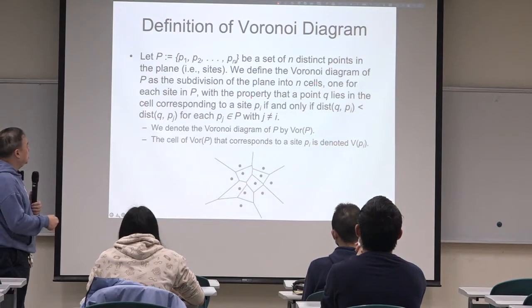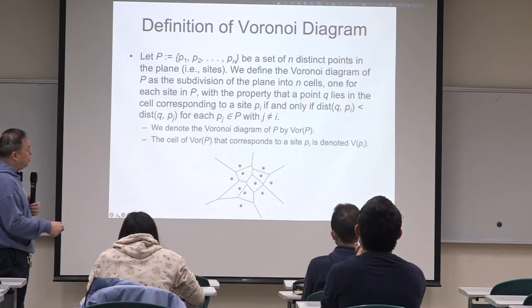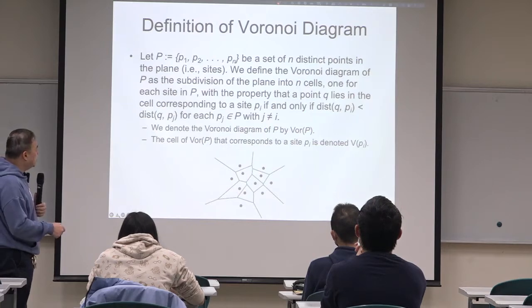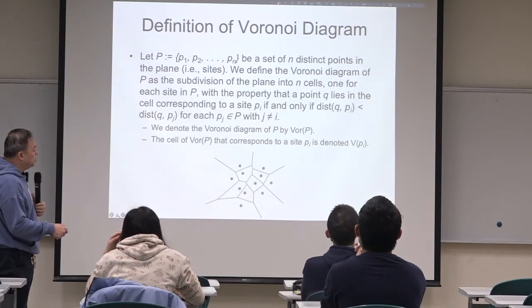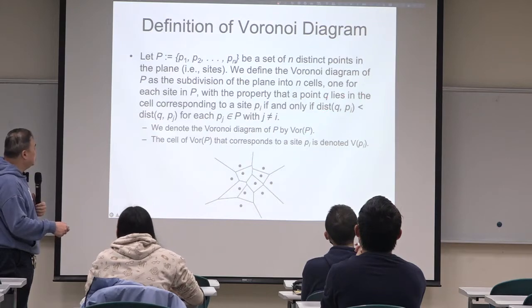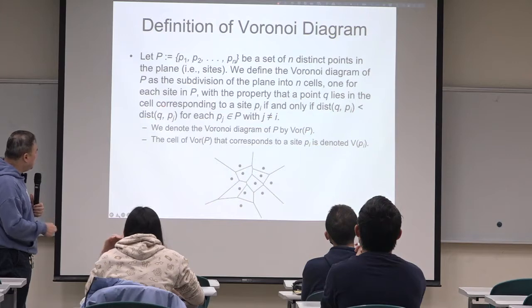The property of each cell is that a point Q will lie in the cell corresponding to a site Pi, let's say that cell is for the site Pi, if and only if the distance between Q and Pi is the smallest compared to the distance from Q to any other site.